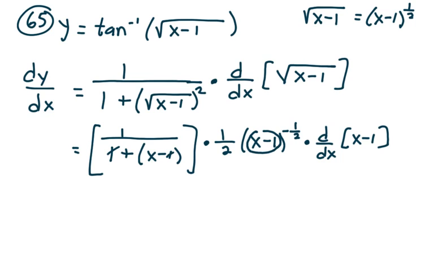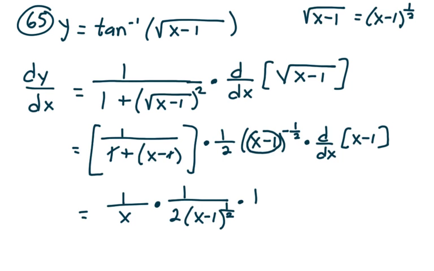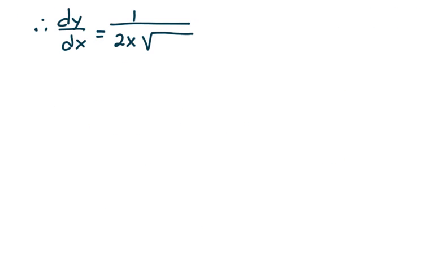So the 1's cancel, and we get 1 over x times 1 over 2 times x minus 1 to the half times 1. And I'm just going to write this a little bit simpler here. So therefore, dy dx is 1 over 2x times the square root of x minus 1. That's number 65.